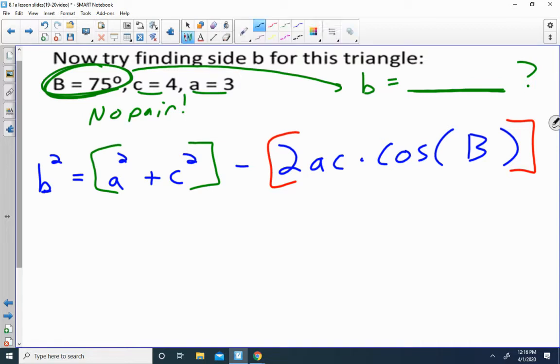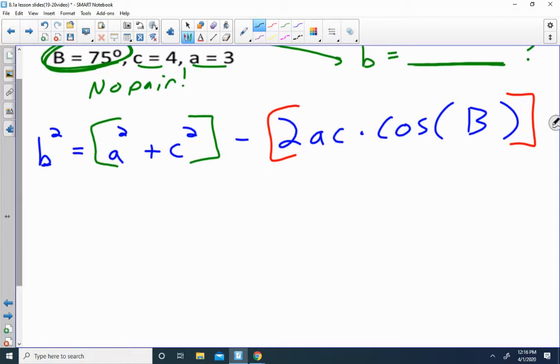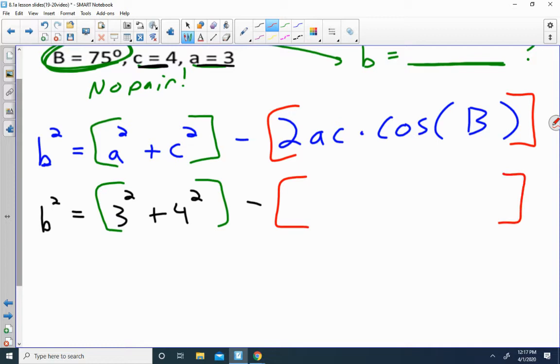Now, let's plug in what we got. So we don't got little b yet. I do have little a, which is going to be 3. So that's going to be 3 squared plus c squared, where c is 4. And again, just to be safe, keep those brackets around it. And then minus brackets.